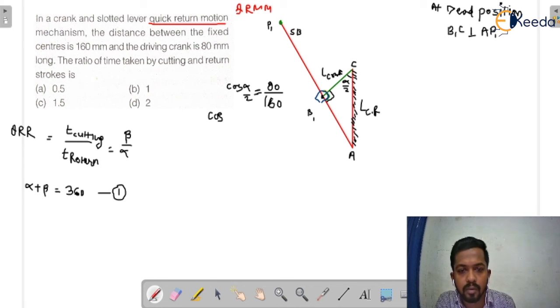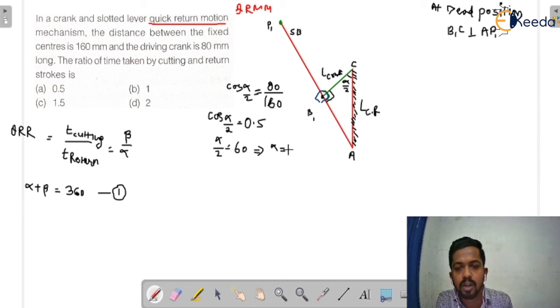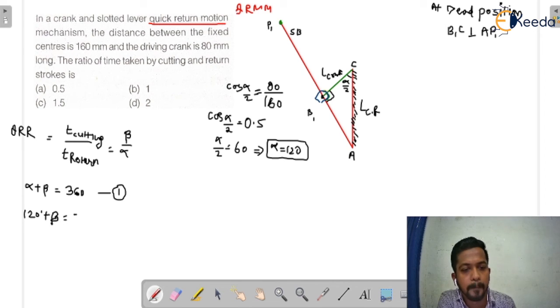And finally you will get cos alpha by 2 equal to 0.5. We know that cos 60 is equal to 0.5, so alpha by 2 would be 60, and finally you will get alpha equal to 120 degrees. Now we have the alpha value, and using the first equation we will get the beta value, and finally you will get beta equal to 240.